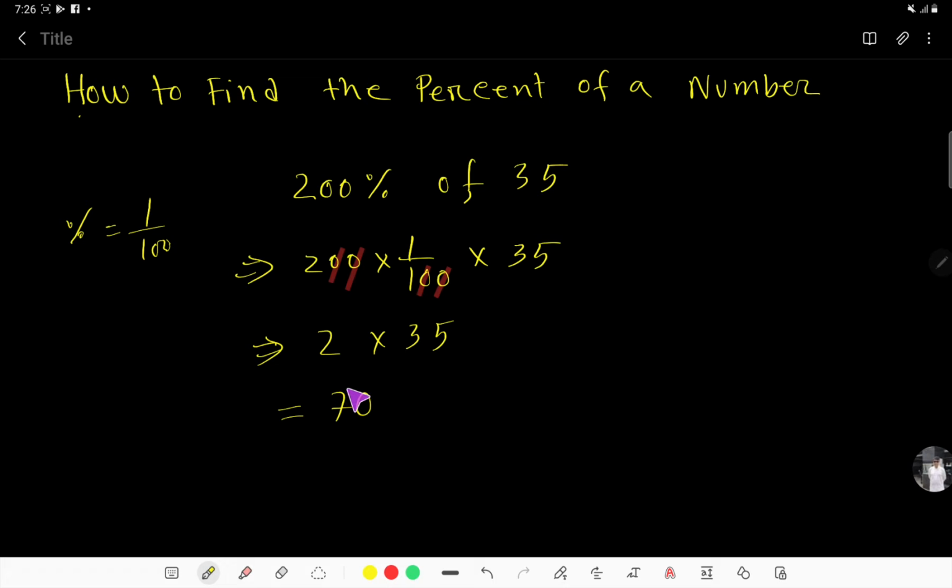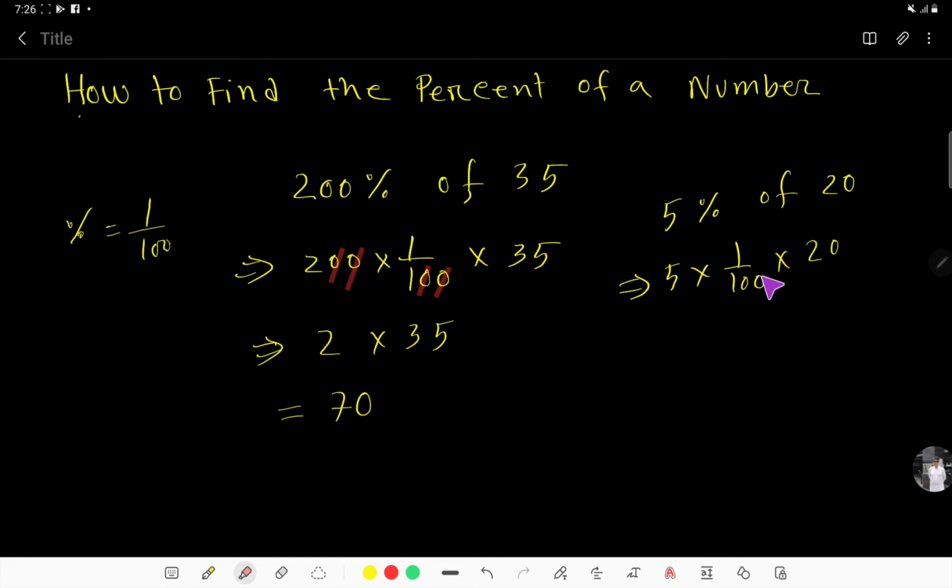Let us take another example so that you can have confidence. Let us find 5% of 20. How to do that? Just translate: 5 times percent means 1 over 100, of means multiplication, then you have 20.